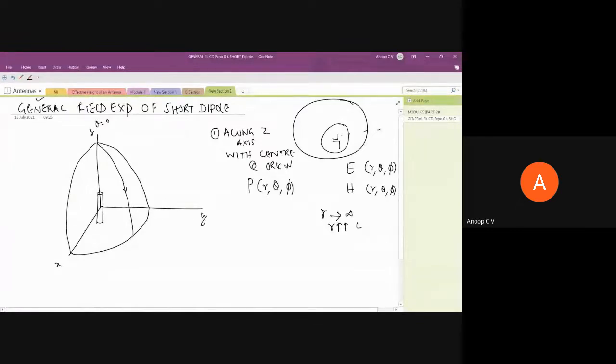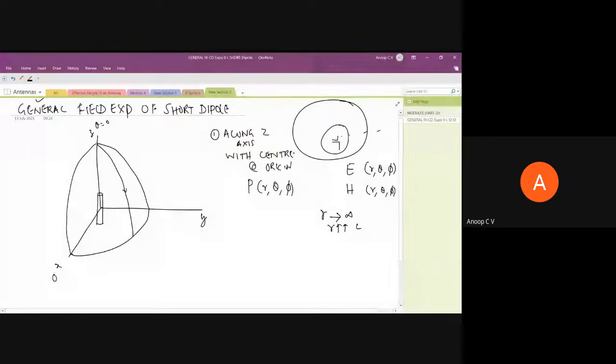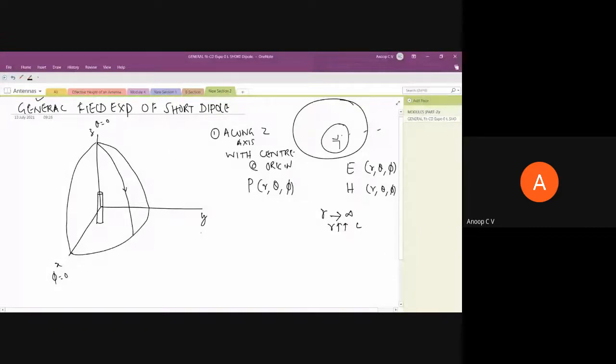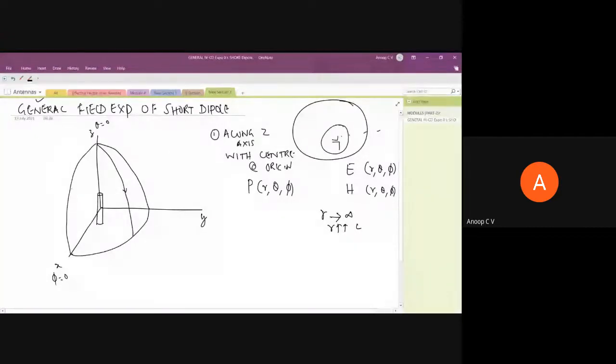Similarly for phi, the positive x-axis is phi equal to 0, and as you move anti-clockwise towards positive y, phi will be increasing like this.